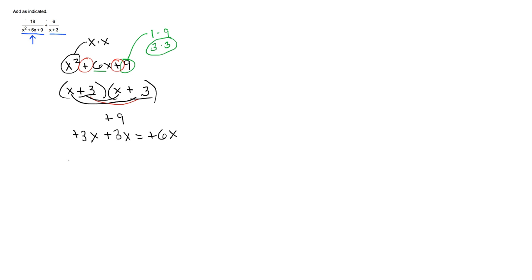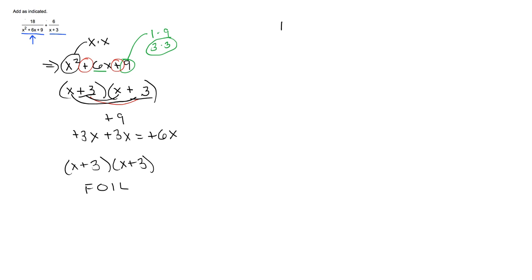Now you can also take those factors, x plus 3 times x plus 3, and just do the FOIL method, which is first, outer, inner, last, to see if you come up with the original expression. And if we do the FOIL on these two, we will get x squared plus 6x plus 9. All right, so we factored the first denominator.